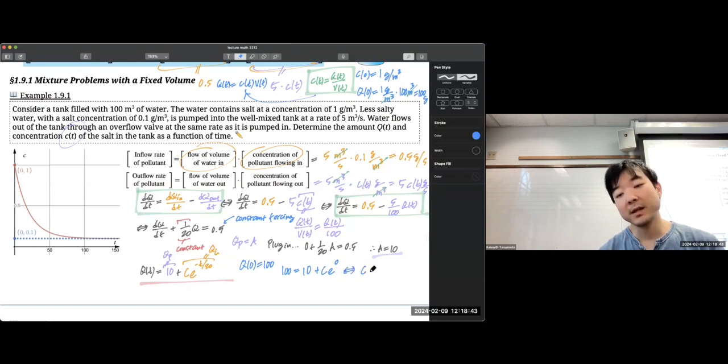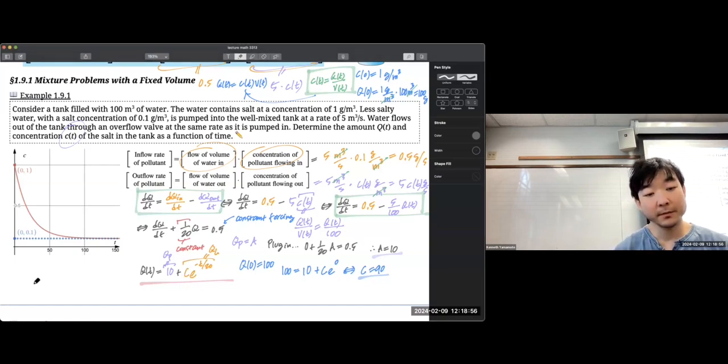So C is equal to 90. And then you got your full solution with your initial condition as well. So you'll get, in the end, Q of T is equal to 10 plus 90 e to the negative T over 20.